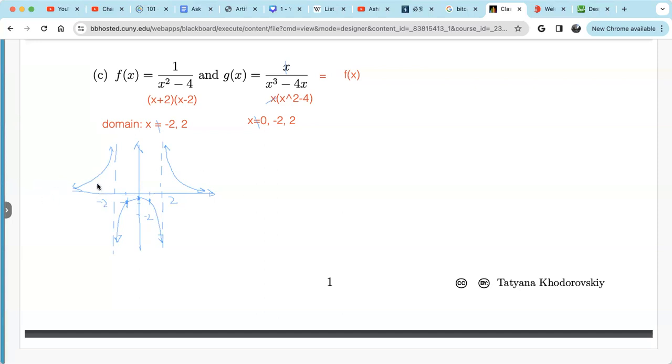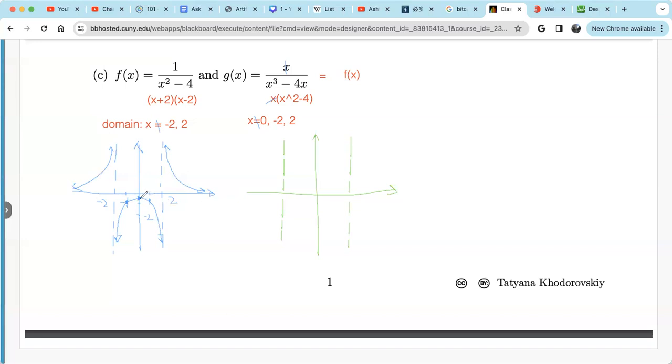For the second one, the difference is in the domain, because 0 is not in the domain. So the graph is supposed to be very similar, but differ in one point. This is the vertical asymptote at x equals -2. This is the vertical asymptote at x equals 2.